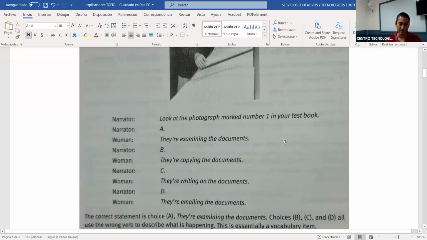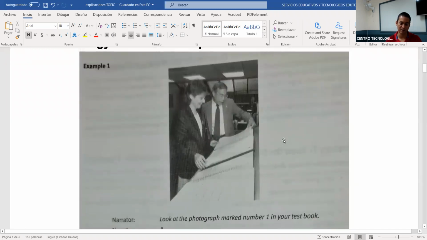And then they're emailing the documents. Actually, there's a computer, so you cannot see it. So in this case, the context tells us that they are examining a document. So remember, identify the elements, objects, and the actions, and based on that, choose the choice that best describes that context.